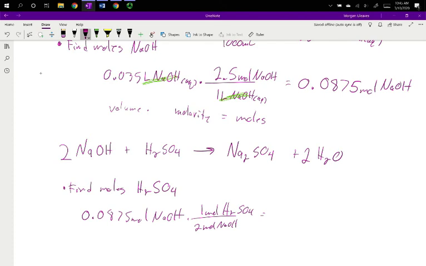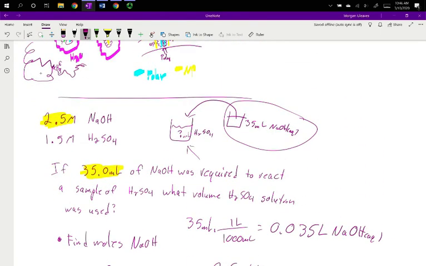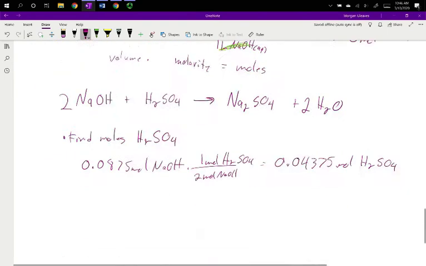So divide that by 2. 0.04375 mole of H2SO4. So in whatever volume of the sulfuric acid solution we had, we had to obtain 0.04375 moles of it.